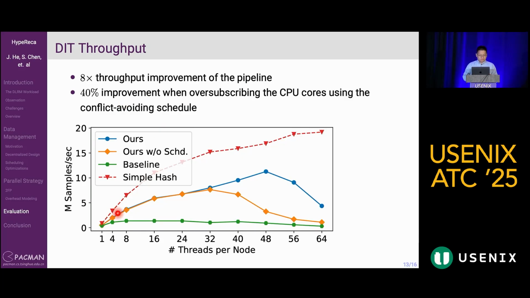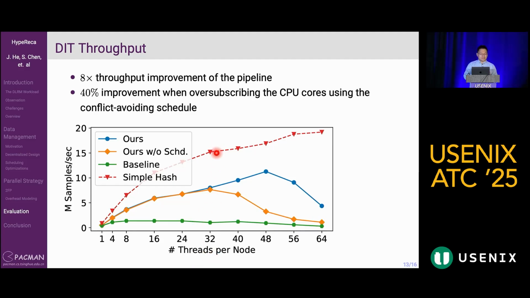Okay, so we can see from this orange line that our pipeline mechanism can bring about 8 times throughput improvement compared to the naive locking method at the 32 thread point.